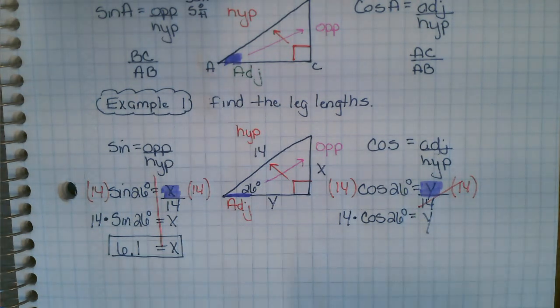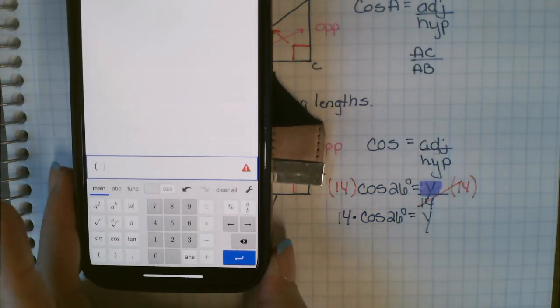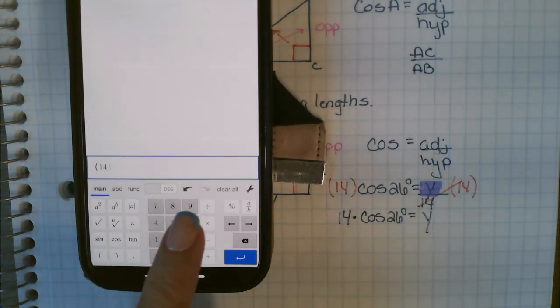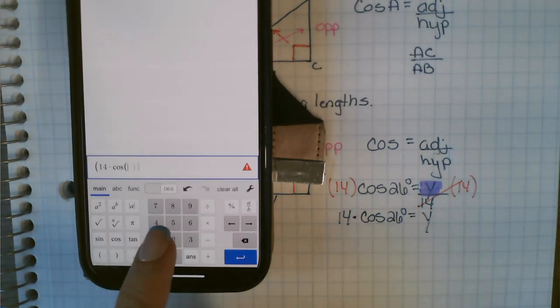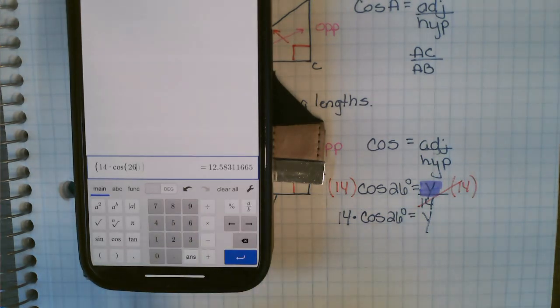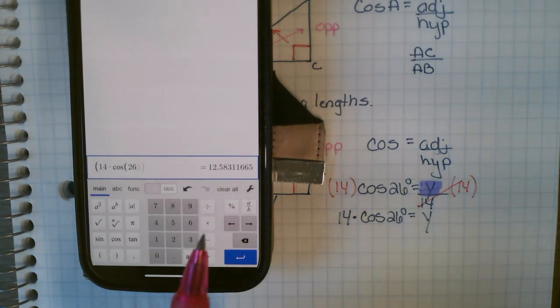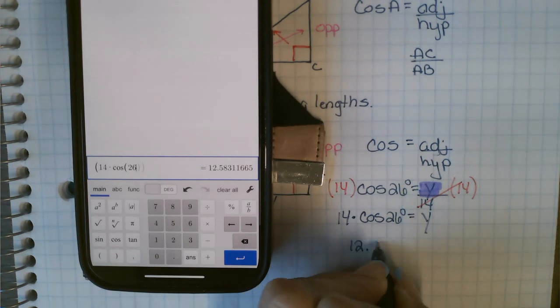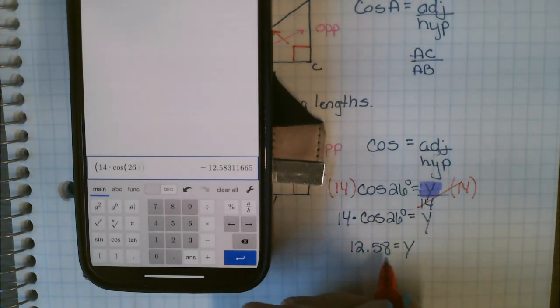So I'm going to do it again on my phone calculator, on my Desmos scientific calculator. I'm going to put in my 14 times, and this time we're going to hit cosine 26. It's going to give me 12.58. So I've got 12.58 equals my y, but I've got to look at this digit right here.